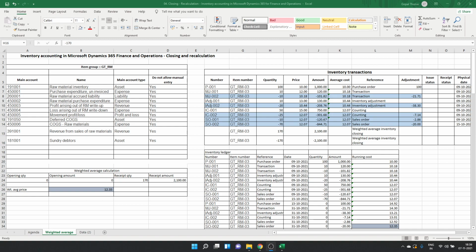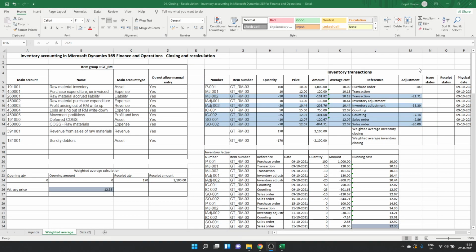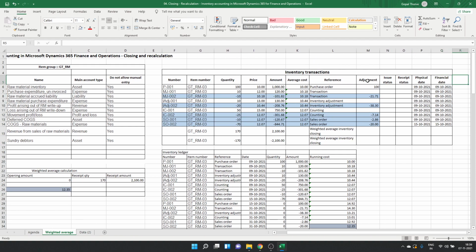Okay, so now in this inventory transaction, sorry, I want to add a few more columns here.